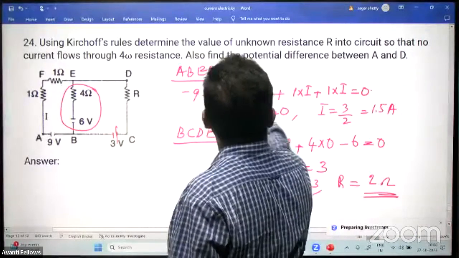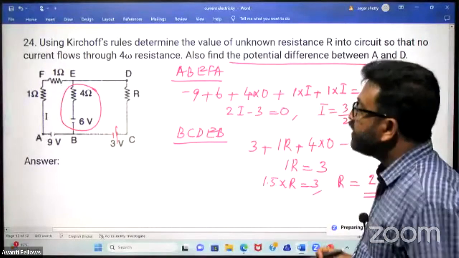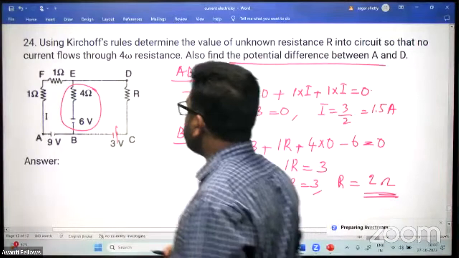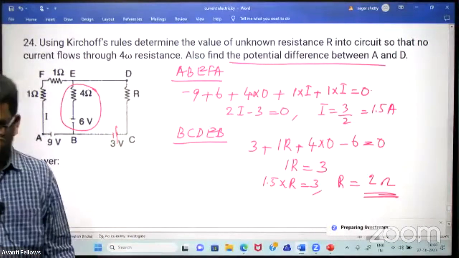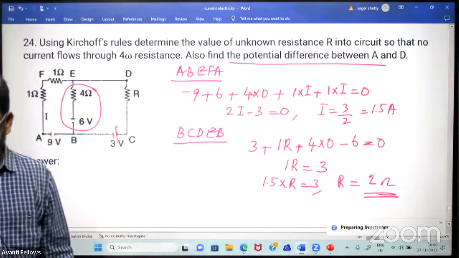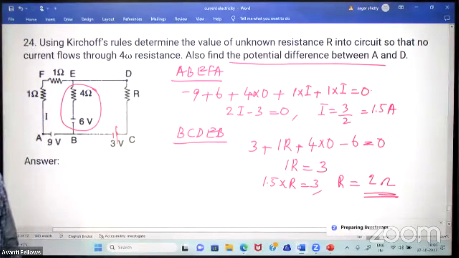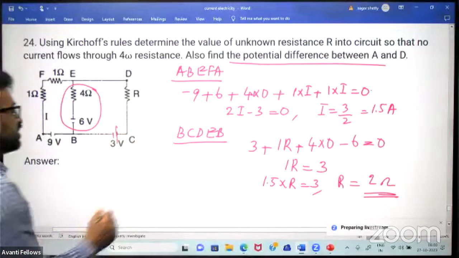Now we need the potential difference between A and D. That is VAD.